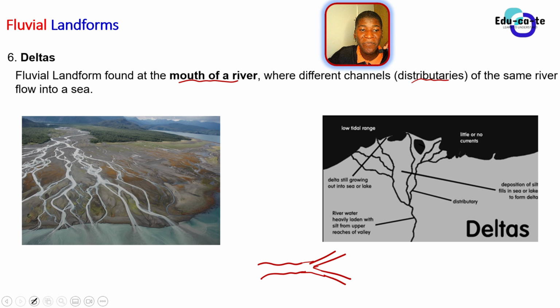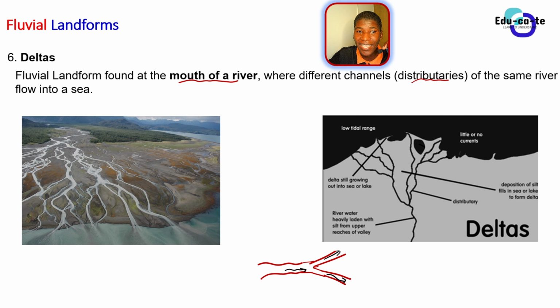This is not the same thing as tributaries. These are distributaries, right? There is one river flowing in this direction, and it splits as it is about to enter the sea. That is at the mouth of the river. It will start splitting into different channels, making a delta.